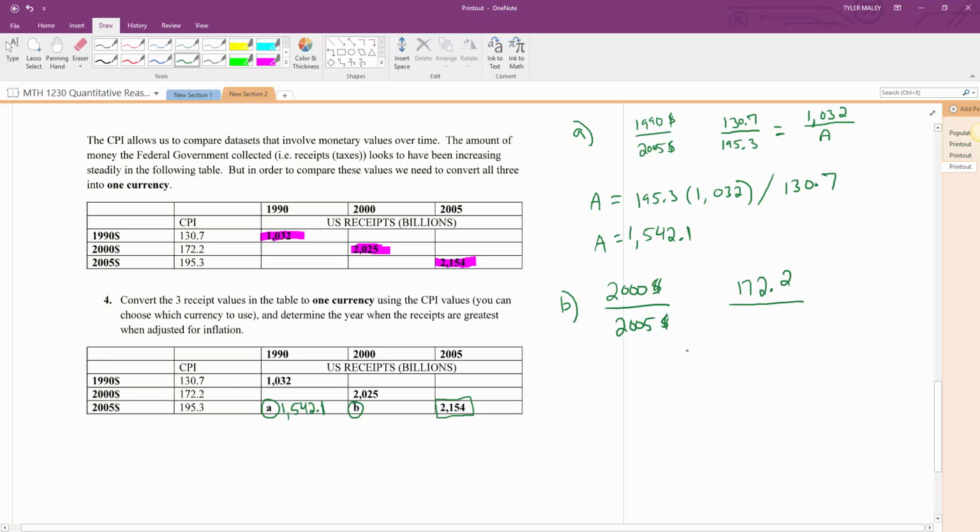The CPI from the table in 2005 was 195.3. So we can set up my proportion. I'm going from $2000 to $2005, so the 2005 would be my unknown. I'll use B for part B. And then the other value I need is how much the 2000 actually was in $2000. That was 2,025.